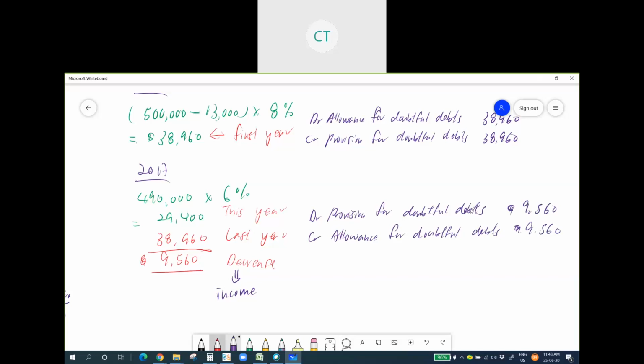Remember, we only record the difference. Do not record 29,400. If you record 29,400, then your trial balance, your ledger will be wrong. You have to record the difference. I will show you why we can just record the difference.